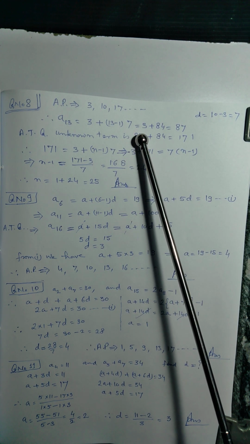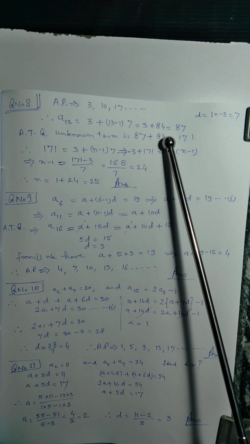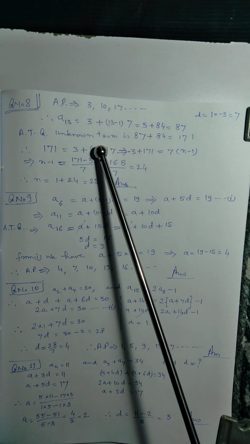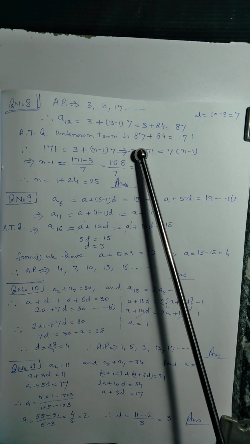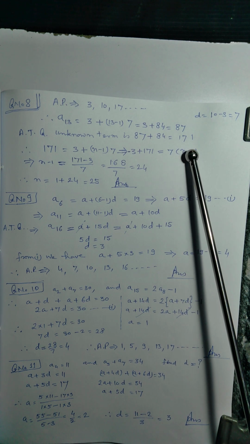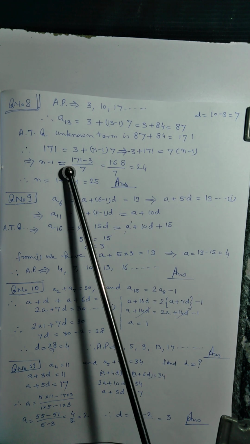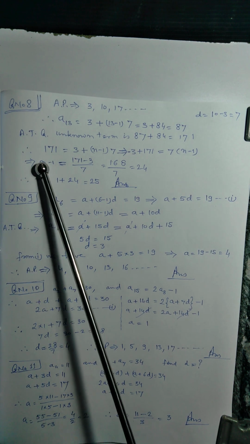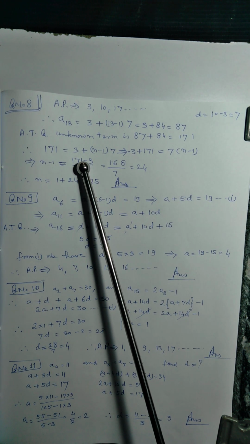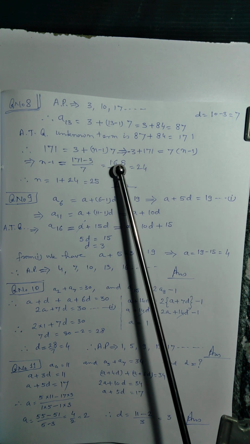So 3 plus 84 equals 87. So according to the question, the unknown term is 87 plus 84, which is 171. So we write 171 equals 3, the first term, plus (n minus 1) into 7.